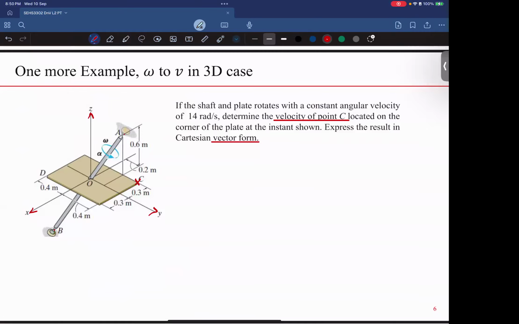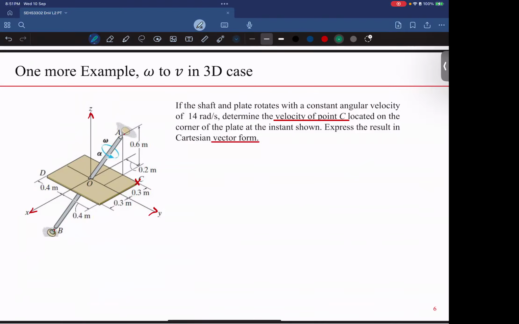We come back to here. Okay, so it rotates in this way, and we want to know the velocity of point C. Actually, if we have an angle to indicate it, maybe in this way, right? It's not easy to draw such a direction, right?